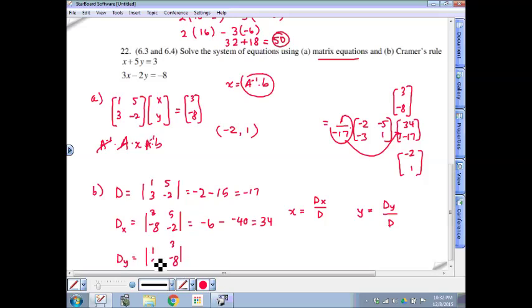The x column stays the same as it originally was, 1, 3, and we find the determinant here by multiplying there, -8, and then subtracting the other product, and we get -17. So d sub x was 34 and d was -17, so we get an x value of -2, and then here for y, d sub y is -17, and d is also -17, so we get a y value of 1, so the answer again is -2, 1.